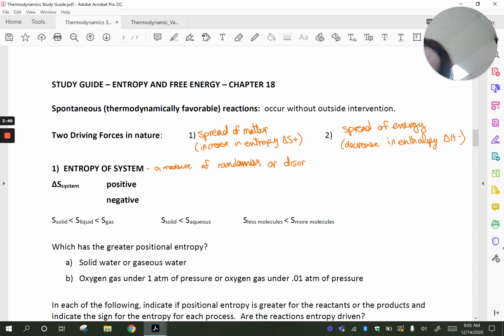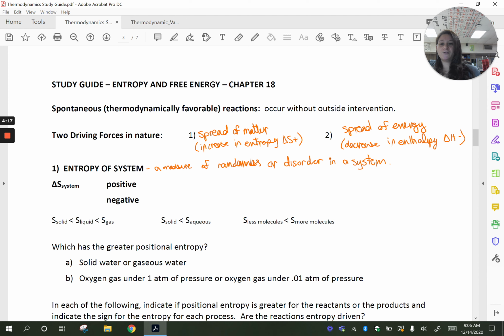And if you talk to a physicist, they'll tell you it's not quite that simple. There's degrees of freedom and all kinds of different things. For the purposes of this class, for AP Chem, we're just going to say entropy is a measure of randomness or disorder. But just know that the definition actually is quite more complicated than that. The symbol for entropy is delta S.